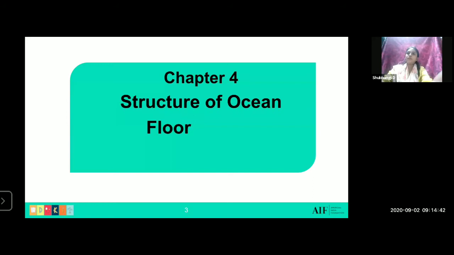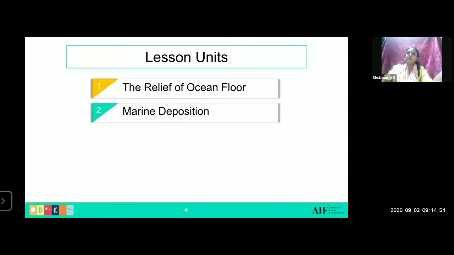Today, we are going to study the landforms which are beneath the oceans and what they are called. We are going to see the relief of the ocean floor and marine depositions. These are the topics we will cover in this lesson.